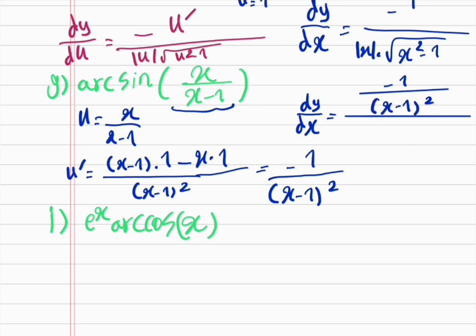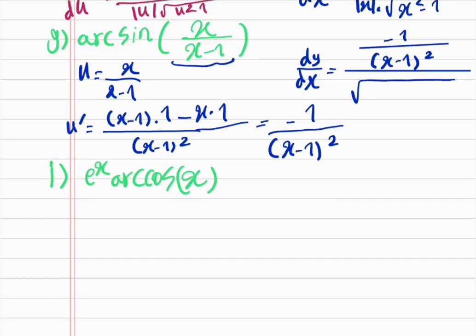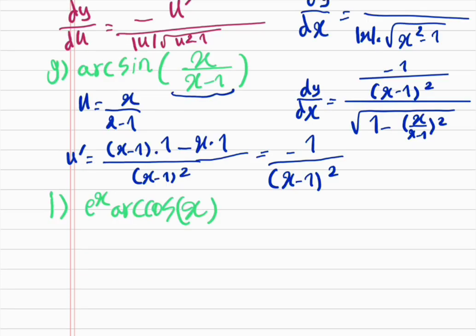So that's the derivative. And then here we just have 1 minus function squared. So 1 minus the function, which is x over x minus 1, squared. Whenever I say function, I just mean the inner function that is inside the trigonometric function. So this is the final answer. We can simplify this, but I will just leave it in this form.